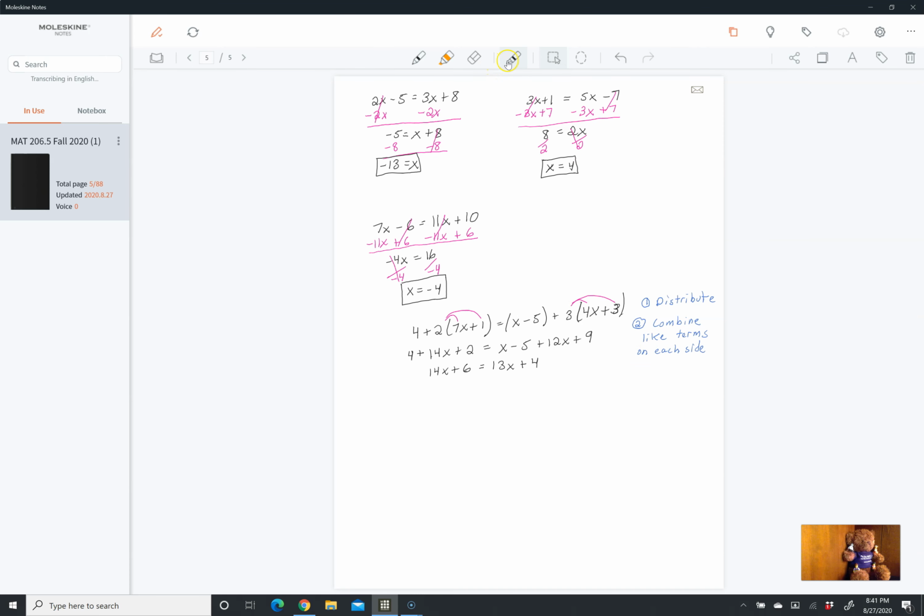And then our next step is just to solve the equation. So you want to get your x's on one side, and your numbers, or we call them constants, because they don't have anything that's changing.